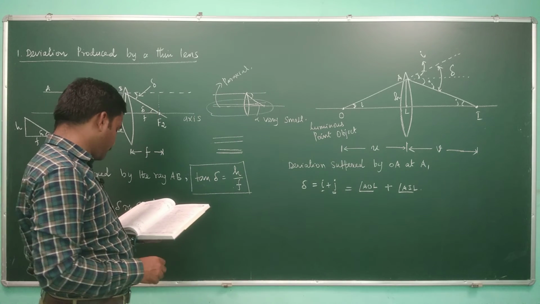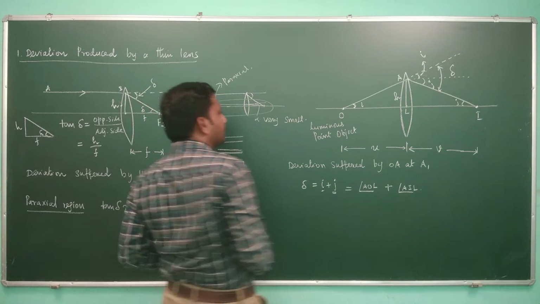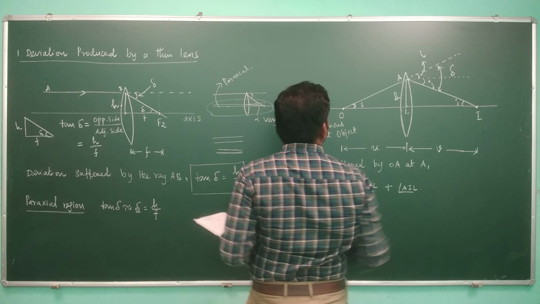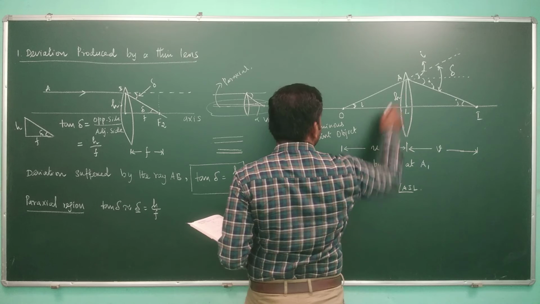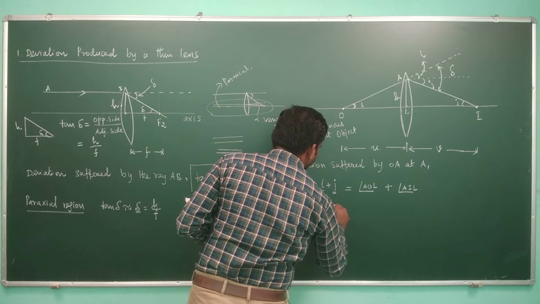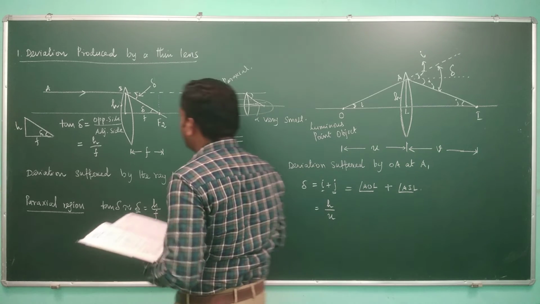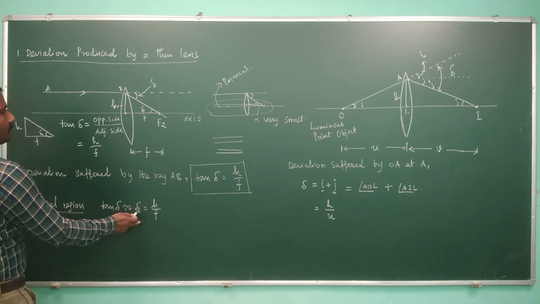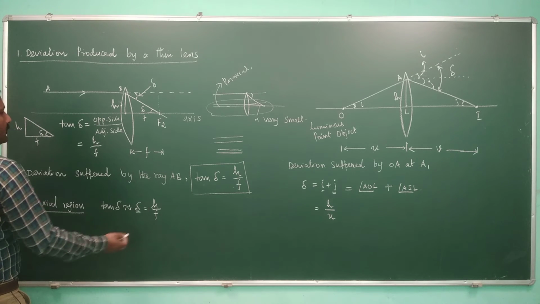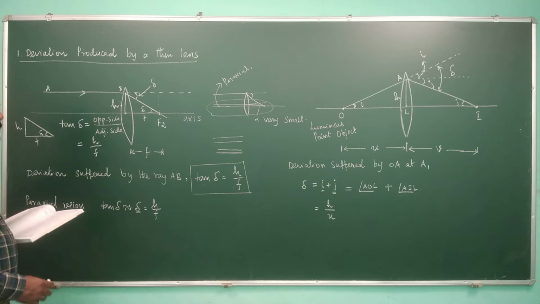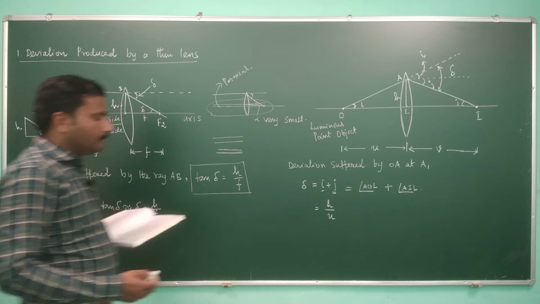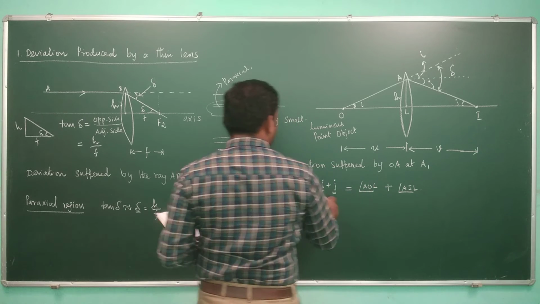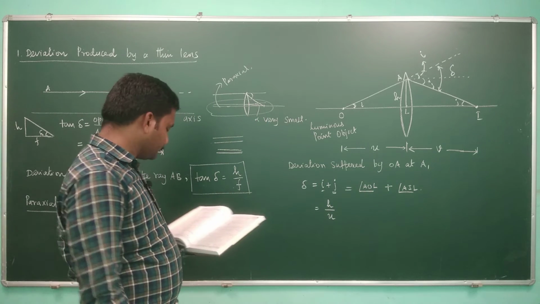This angle AOL is nothing but h by u, according to this assumption. You recall the argument that we made to arrive at delta equal to h by f. Based on a similar argument, you can write angle AOL as h by u.